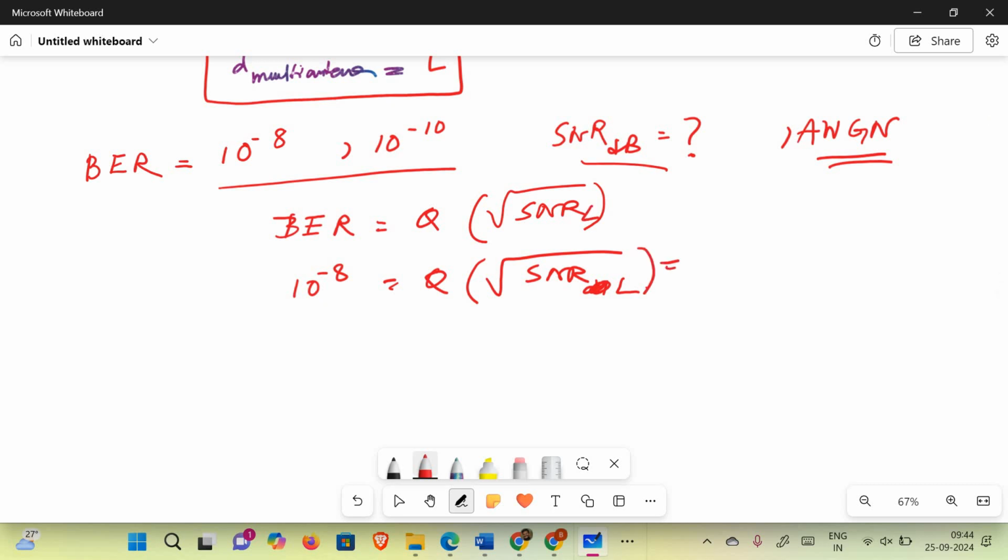This can be approximated to half of e to the power minus x square by 2, or half of e to the power minus SNR linear by 2, and do the necessary changes. Find out what SNR linear is, convert that to dB. That will be the answer in SNR dB for 10 to the power minus 8.